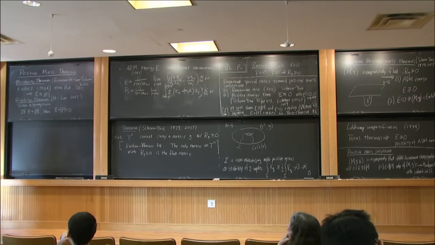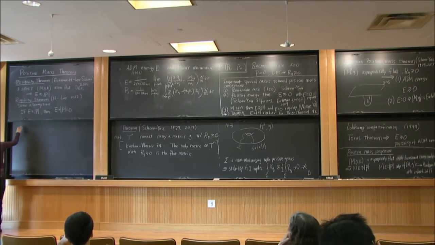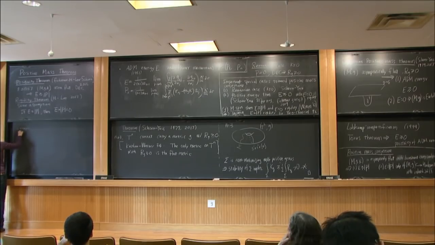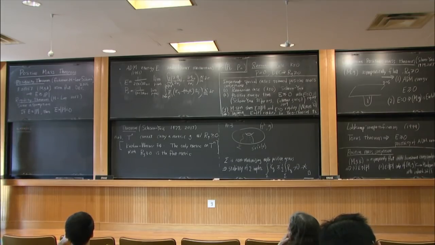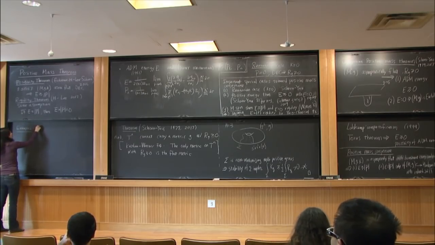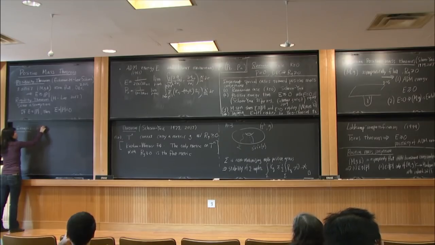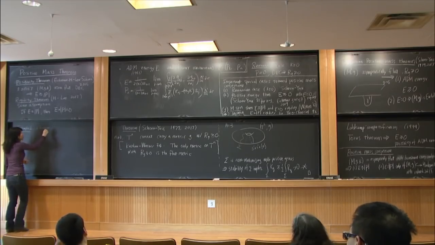All right, so I think I will first give you some examples of what initial data sets, what dominant energy condition we really look at. So I have the first class of examples, which are the Riemannian case. In the Riemannian case, we're just looking for a manifold which has non-negative scalar curvature.